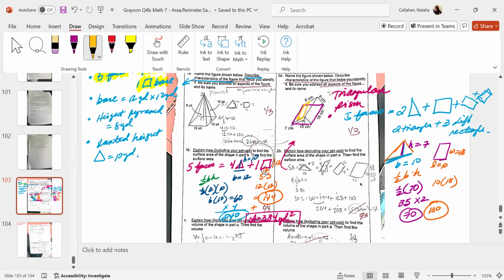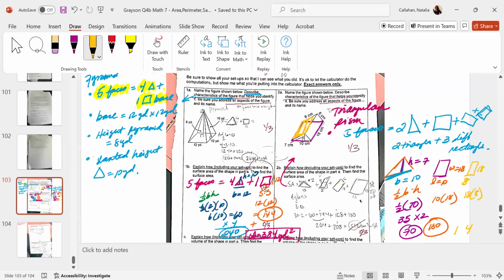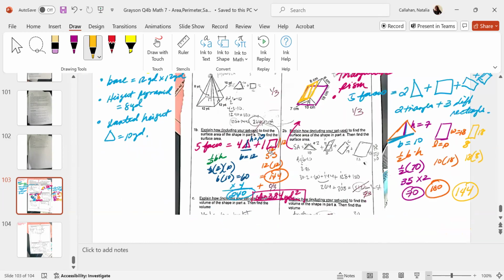this orange rectangle. Do you see this orange rectangle right here? What are the two dimensions of that? Is that the side one? It's this orange one right here. Do you see the orange one right here? 8 and 18.